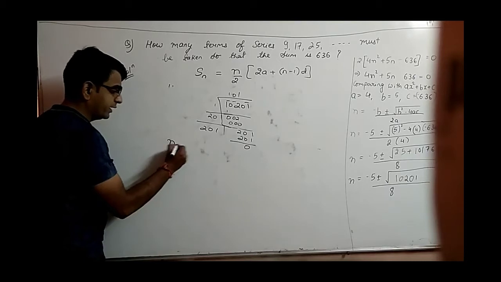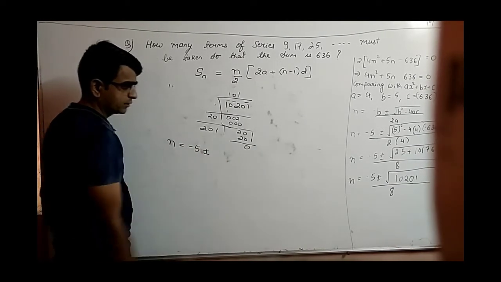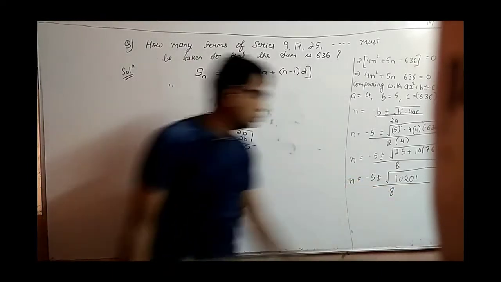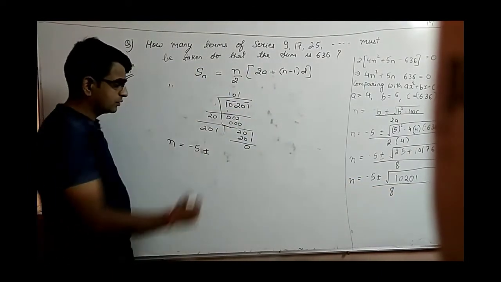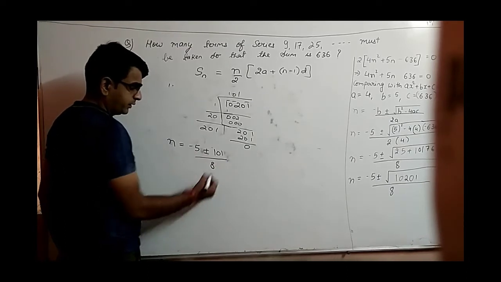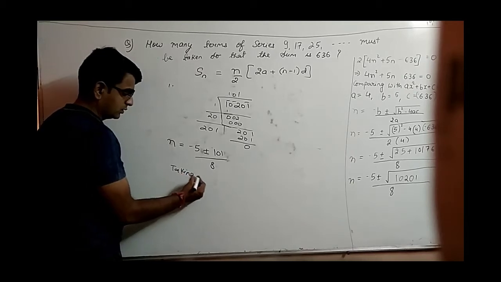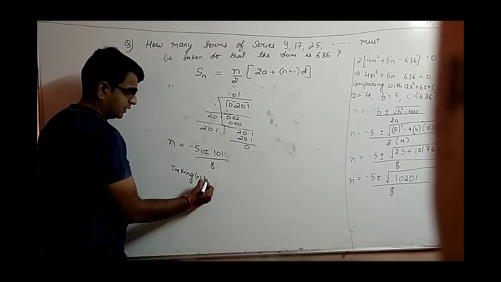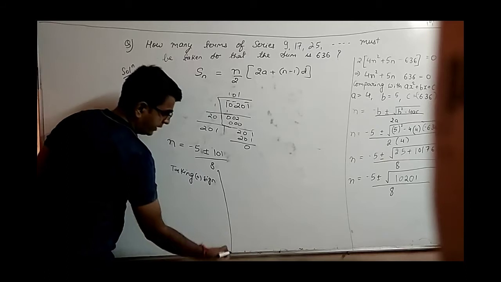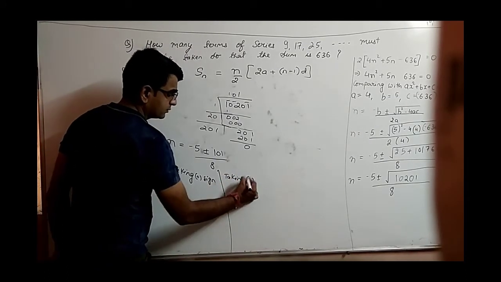I am finding n. What my n is minus 5 plus minus the square root of 10201, which I have found is 101, and upon 8. Now just checking the positive sign and then taking the negative sign.